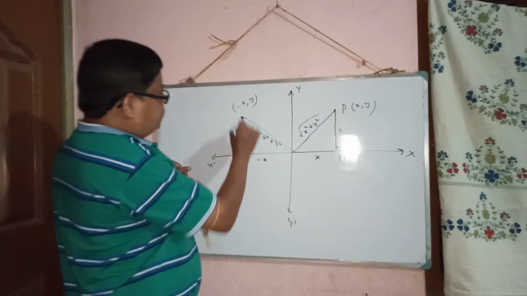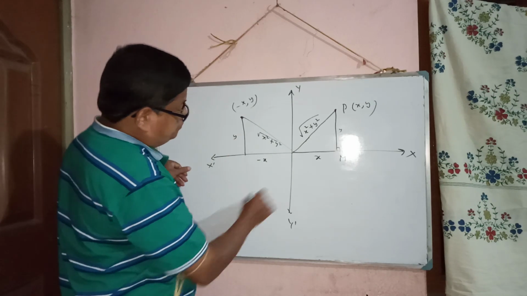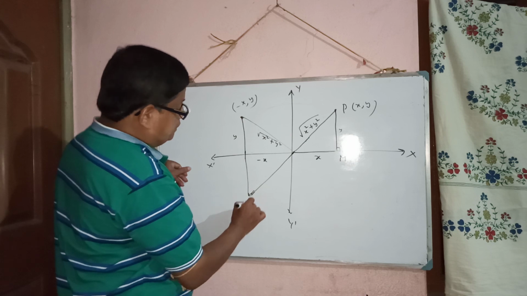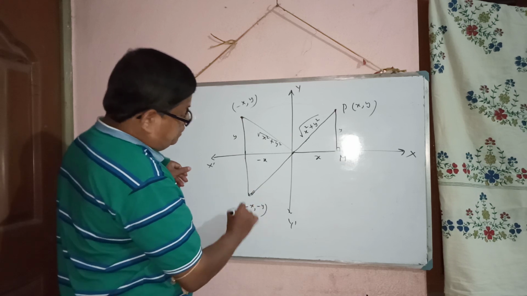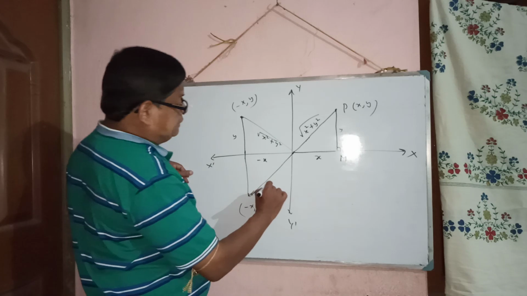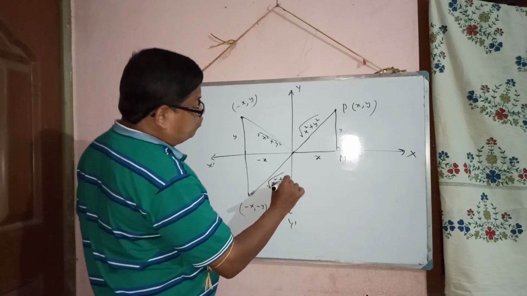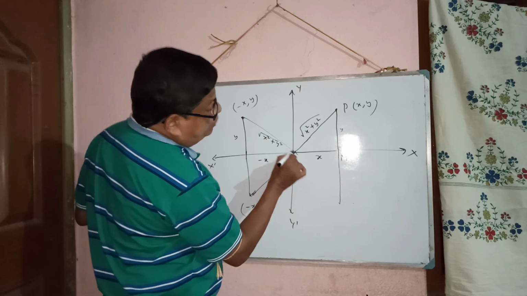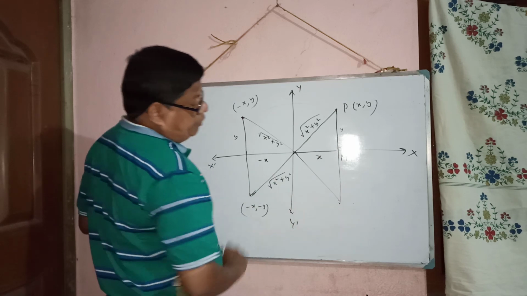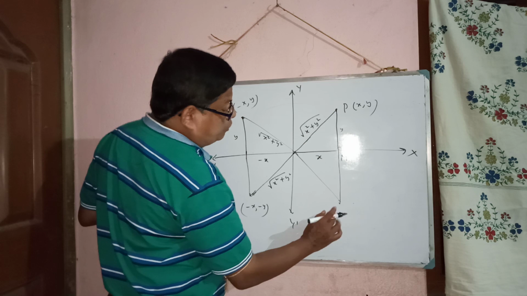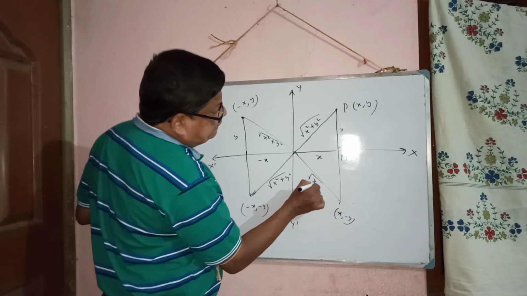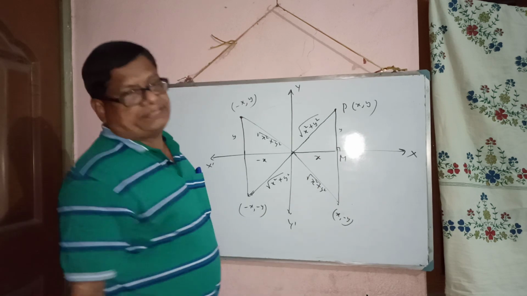Similarly, the point is suppose here. Join. This is minus x minus y. Similarly, this distance x square plus y square. If the point is here, join here again. So this is plus x minus y. See, this distance is same, no change.